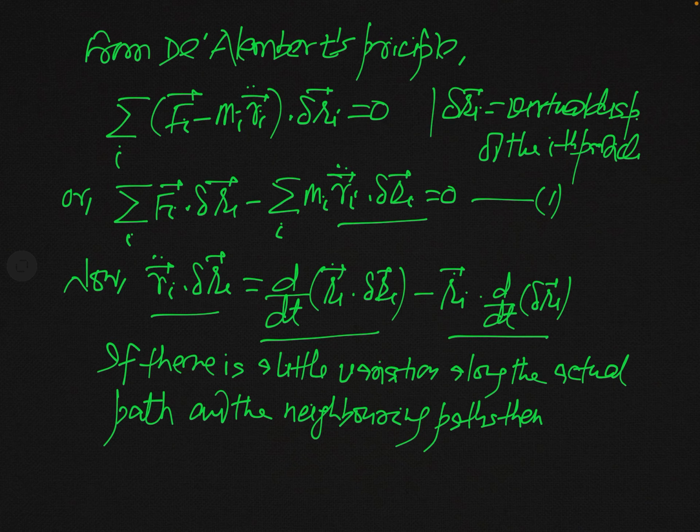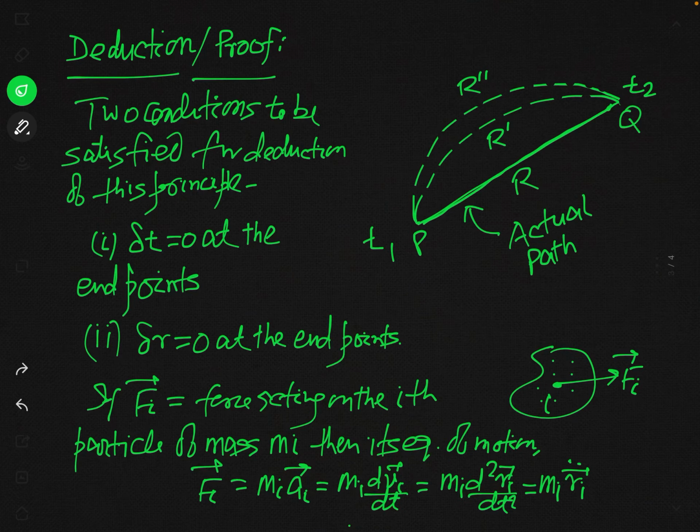Our aim is to find it. And in this condition, what will be this delta Ri? Delta Ri means Ri prime minus Ri. Actually, Ri prime is the position vector of a point on a varied path or neighboring path, and Ri is the corresponding position vector on the actual path.